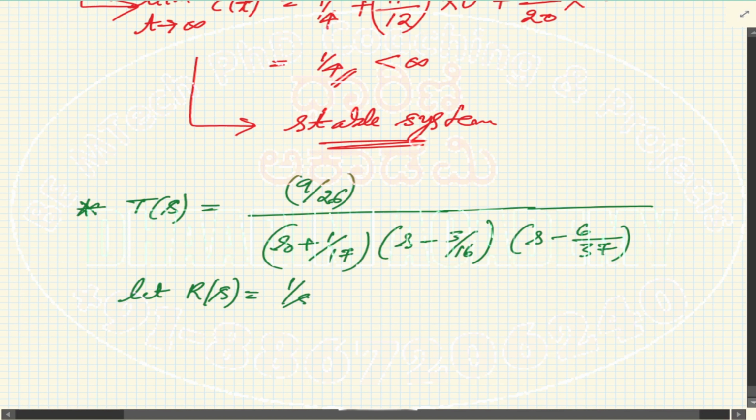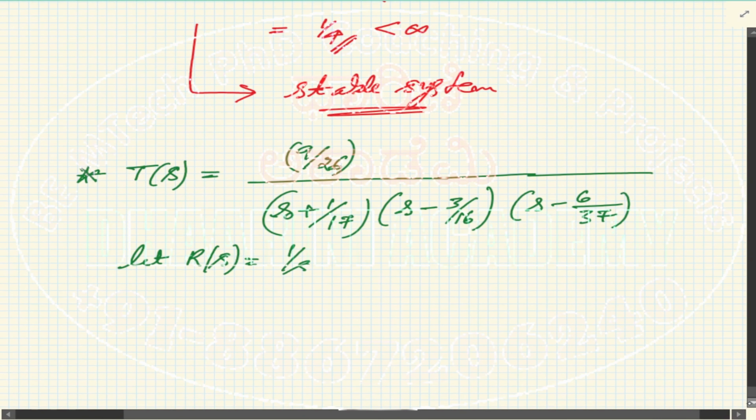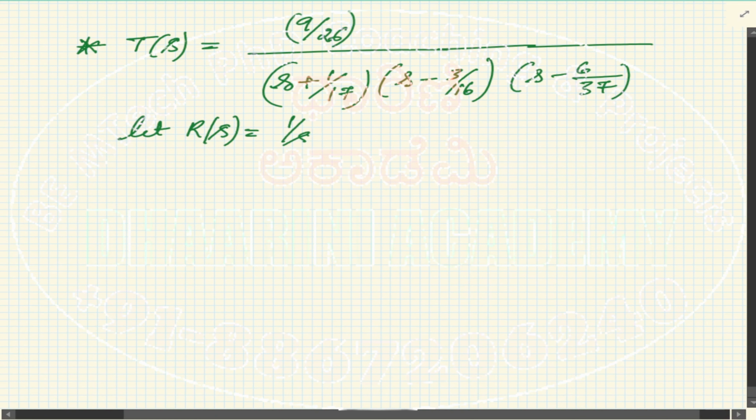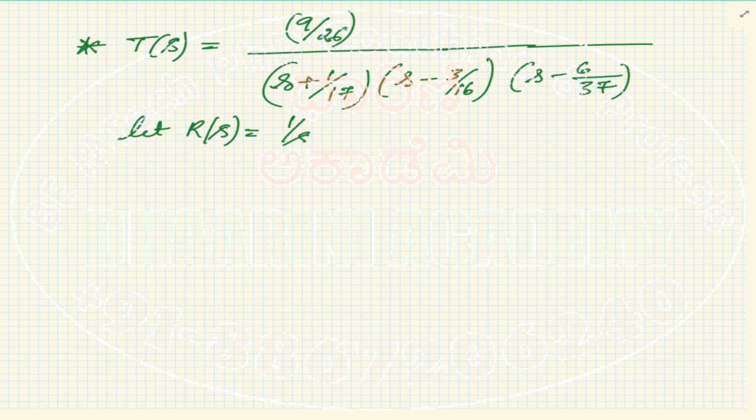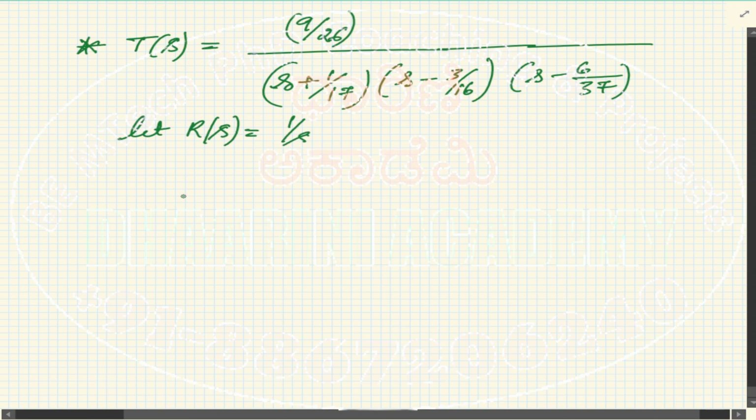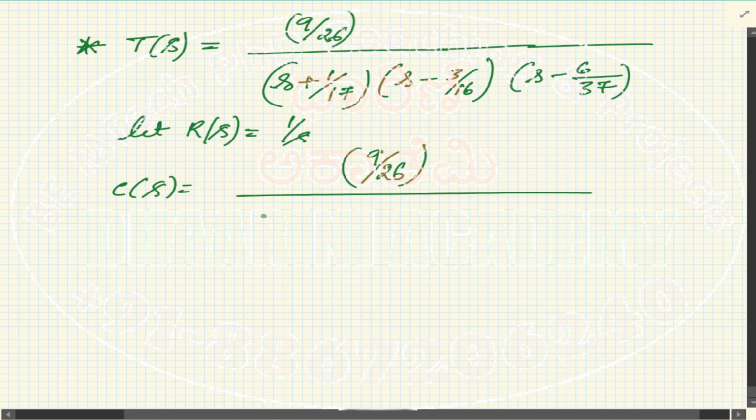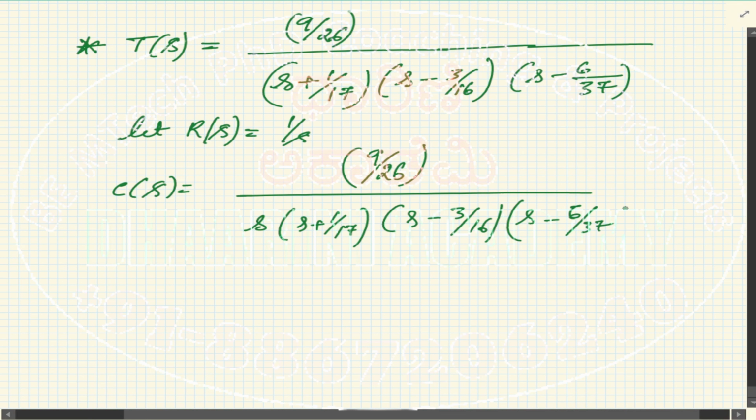We can even consider the other inputs, but I just want to keep the concept clear, and I don't want more mathematics. If you keep 1 by s square, you go for a different type of partial fraction solution, which might take more time. So let's avoid that. Let's take a simple input 1 by s. So we know that C of s is equal to the transfer function into this. So this is 9 by 26 whole divided by s into s plus 1 over 17, s minus 3 by 16, and s minus 6 over 37.